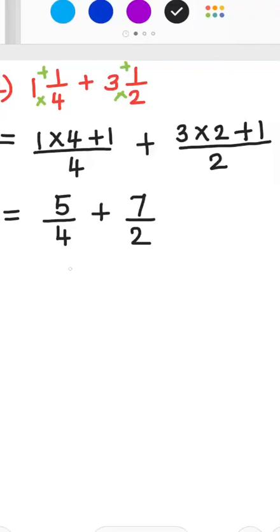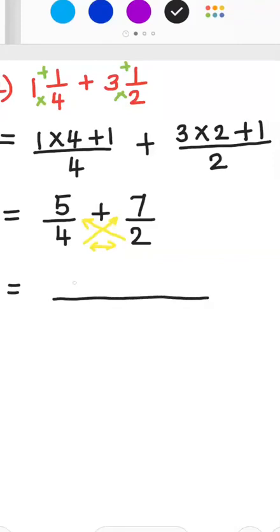Now what exactly is cross multiplication? You will be cross multiplying the denominators, you are going to multiply into the numerators in a cross way. Can you see this? Okay, and then again the denominators have to be multiplied with each other. So let's proceed.